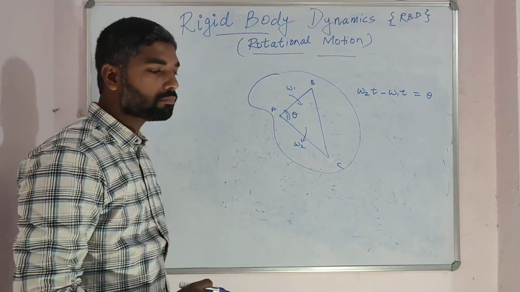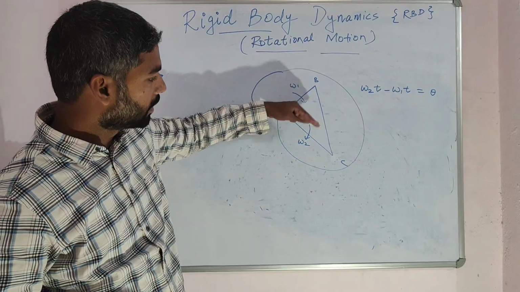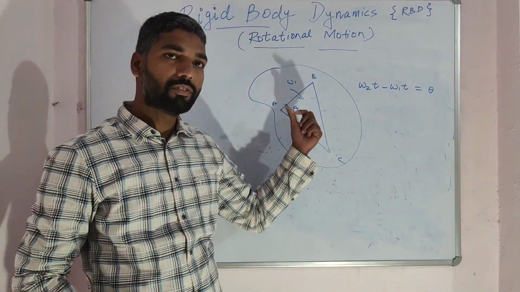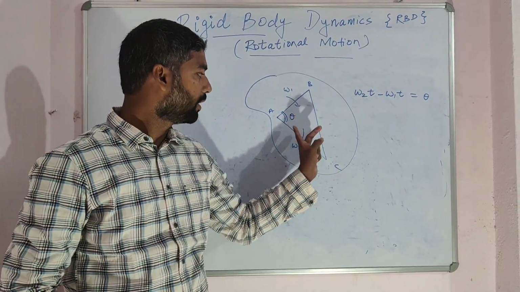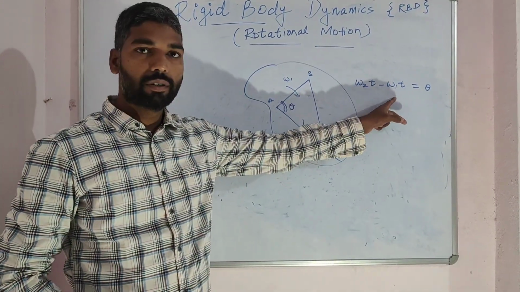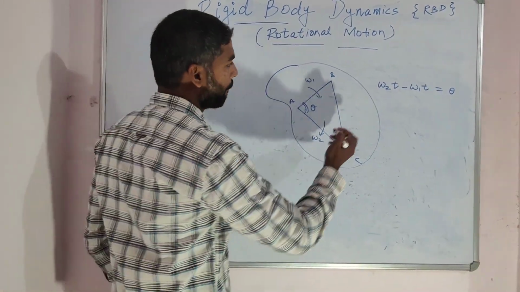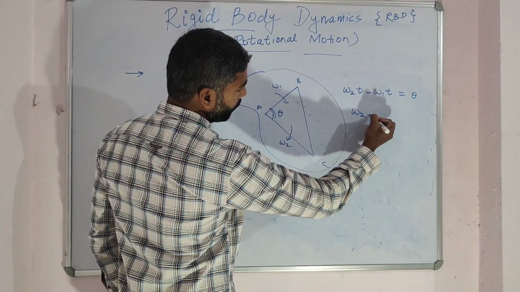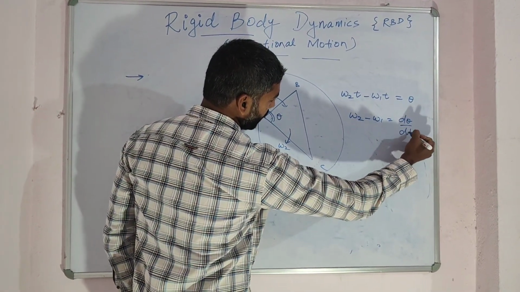Isn't it? Because due to this angular speed the angle is increasing, and due to this angular speed the angle is decreasing. So finally, we can write this angle theta as omega 2 into t minus omega 1 into t. Now if we differentiate with respect to time, what do we get? We get omega 2 minus omega 1 is equal to d theta by dt.